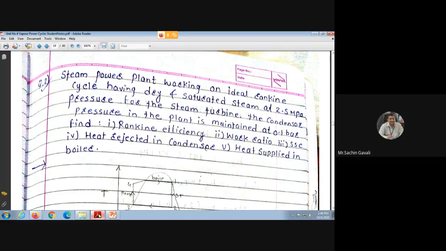Okay. Efficiency, Kunal got 31.15%. Kunal got the efficiency. Others, please try. Roll number 47.